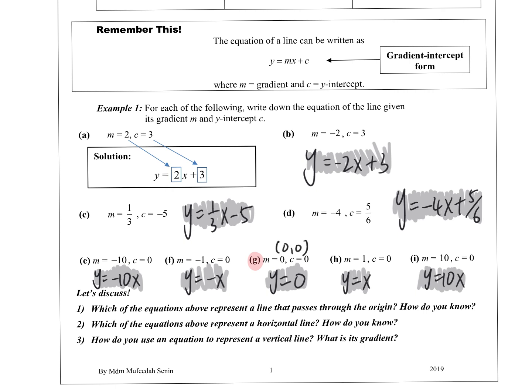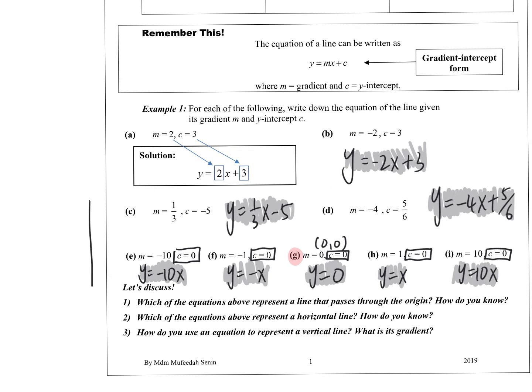In fact, there's quite a number that pass through your origin, because as long as your y-intercept is equal to 0, then it passes through the origin, because it means your curve, either upward or downward sloping, passes through your y-intercept at 0. So this means c equals 0.